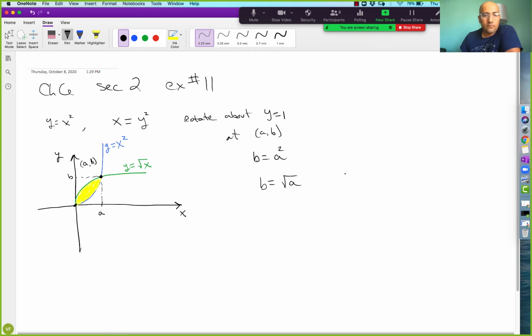Good. Okay, so now we need to solve for these. They're both equal to b, so it must be true that root a equals a squared.